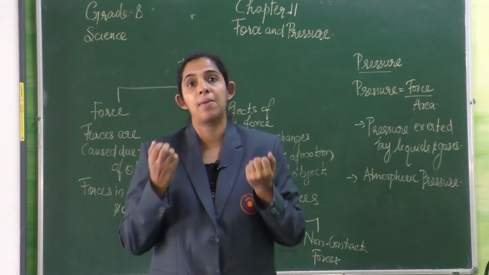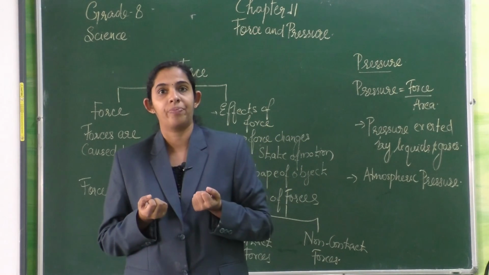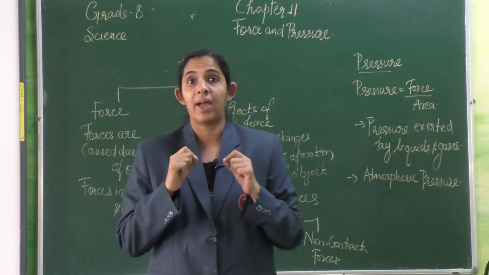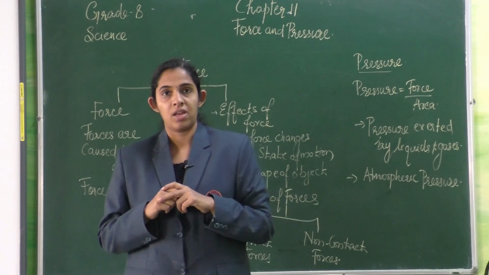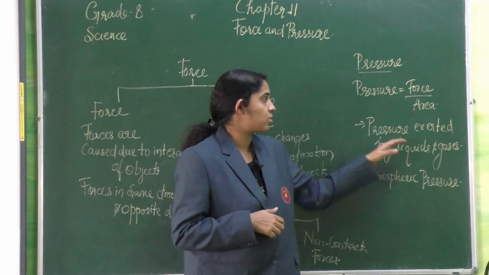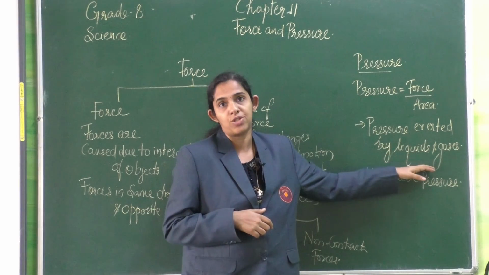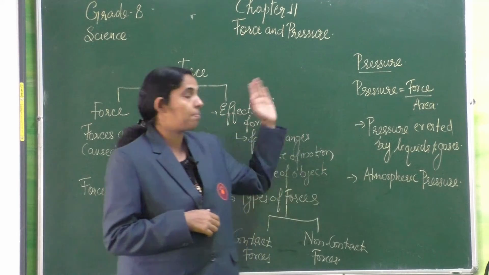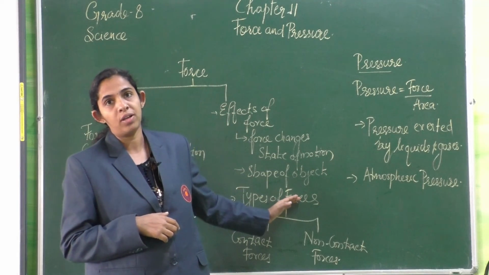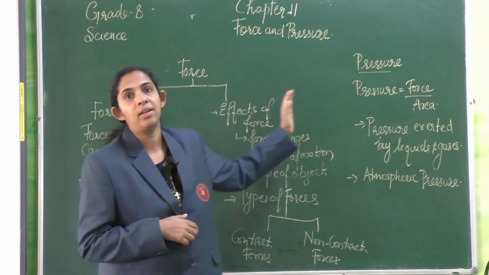So this exerts a pressure on the earth's surface. So the pressure exerted by air, we call it atmospheric pressure. We have seen the different implications of liquid and gaseous pressure during our interactive sessions. So that is the mind map of the chapter, all about the concept of force and pressure.